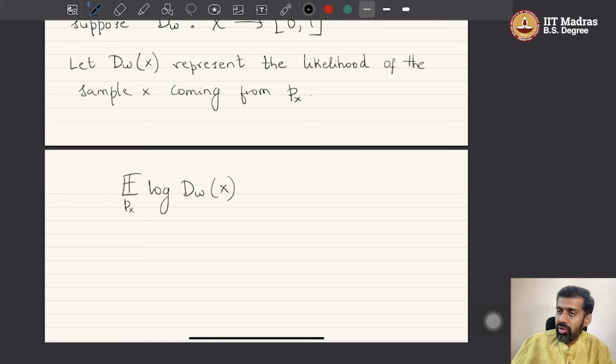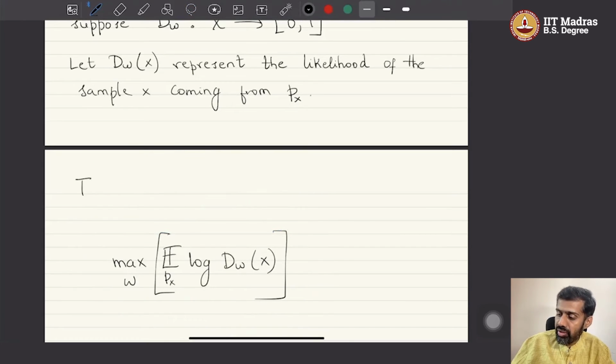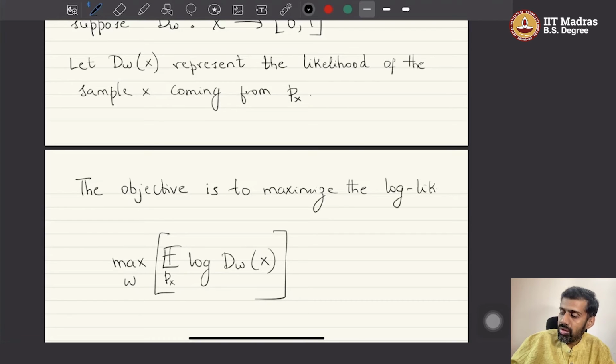So now we want to find our w such that the objective is to maximize the log likelihood of x coming from px.